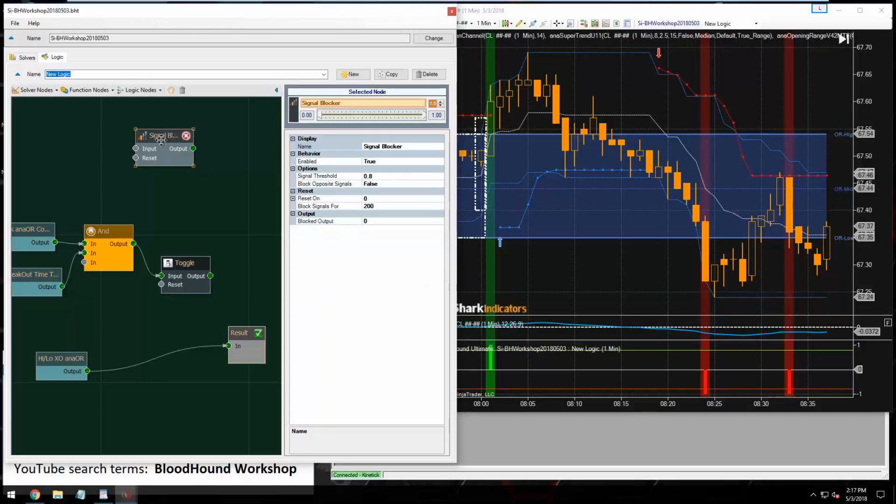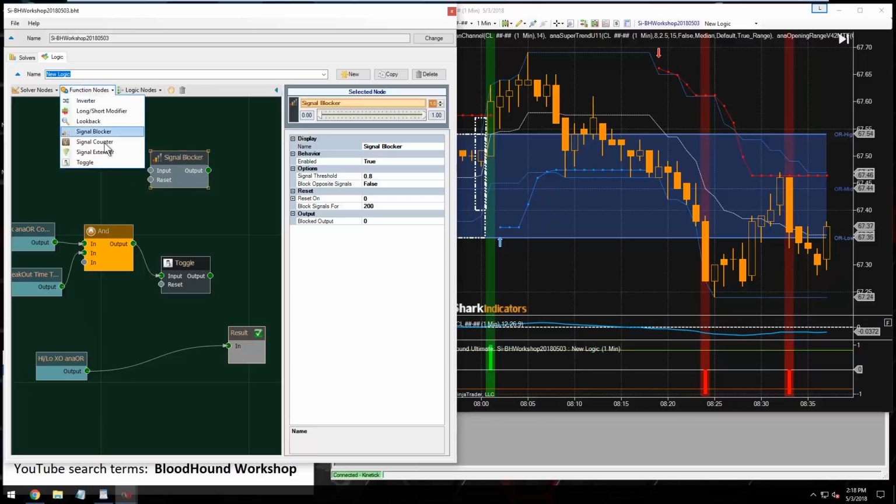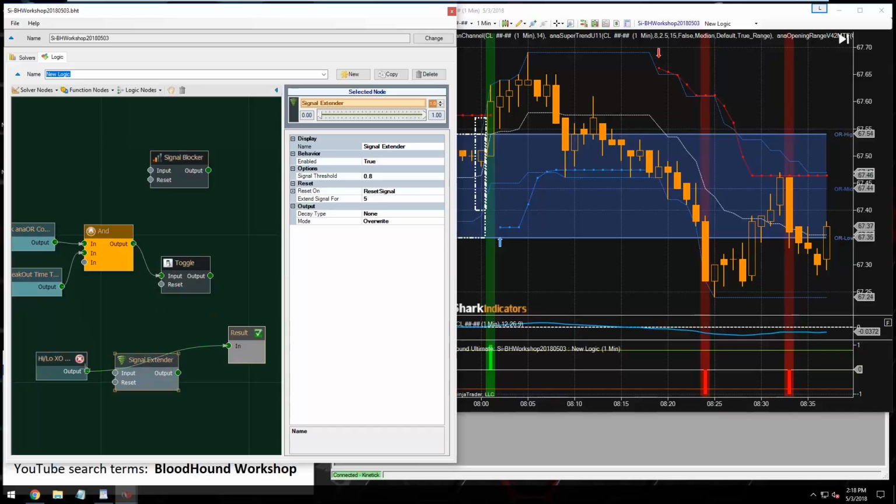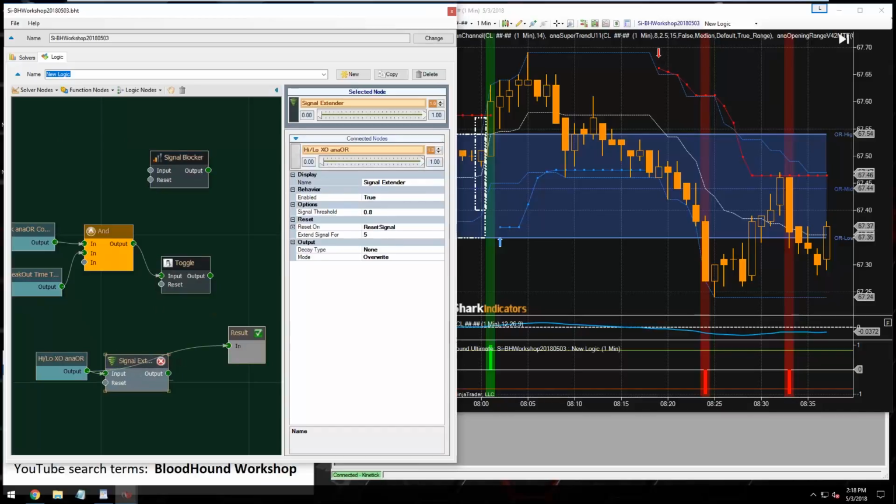Let's see. I'm not sure if I'm going to use a signal blocker, or maybe I should use a signal extender instead. Yeah, I'm going to try a signal extender here.